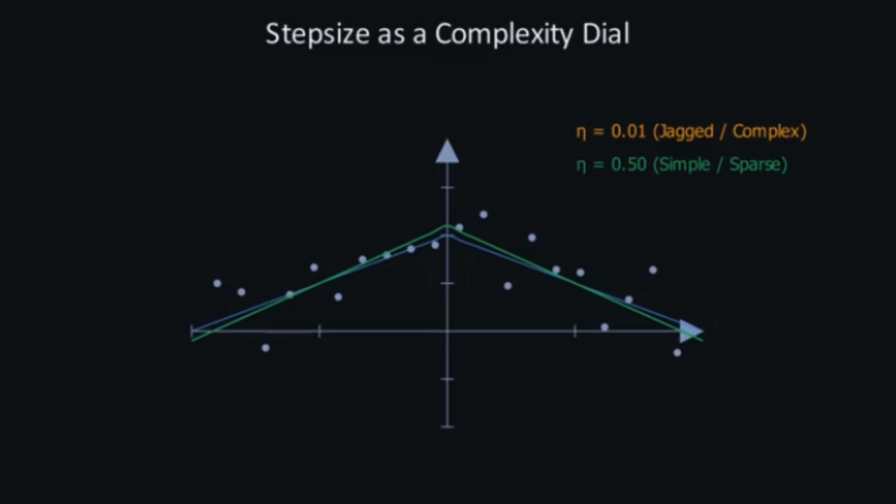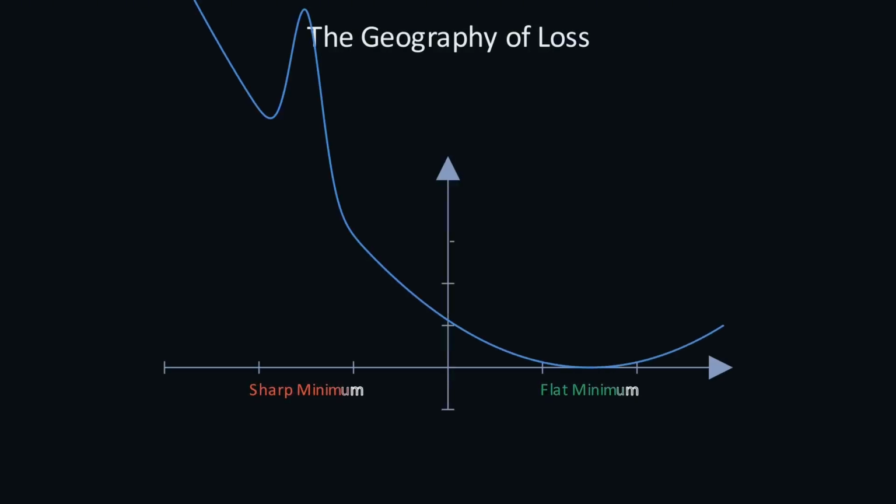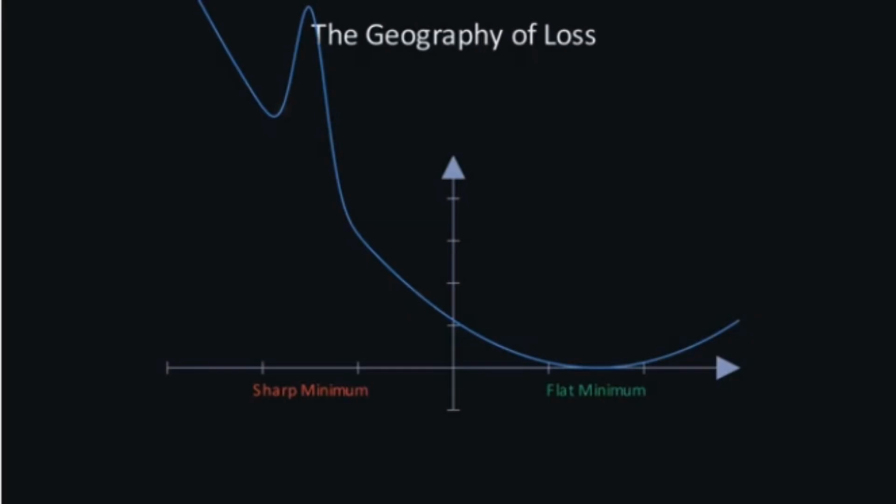To answer this, we need to shift our perspective from the data space to the landscape of the loss function. To explain why a large learning rate creates a simple function, we need to look at the parameter space, specifically the landscape of the loss function, the loss landscape. The graph in front of you presents the model error level corresponding to different parameter values.